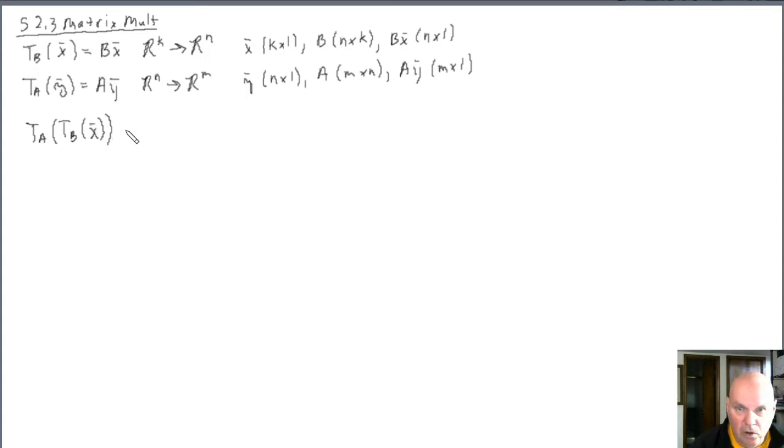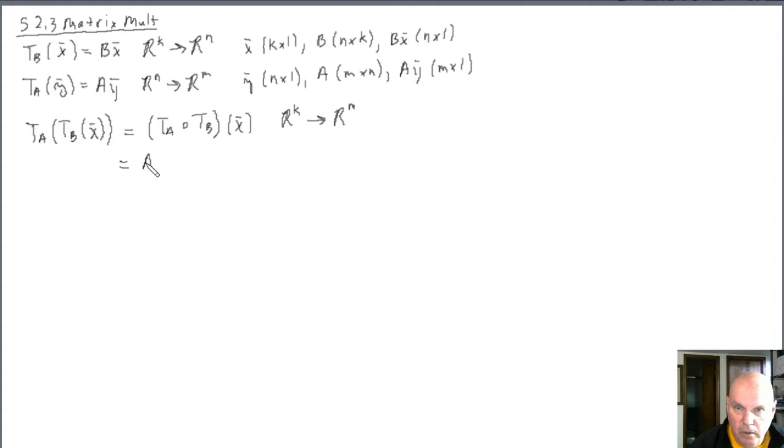An alternate notation for this is a composition of transformations, which we indicate with a small circle here, and this is the result of this composite transformation. It would transform a vector x, which was originally in k by 1 space, into m space, Rm.